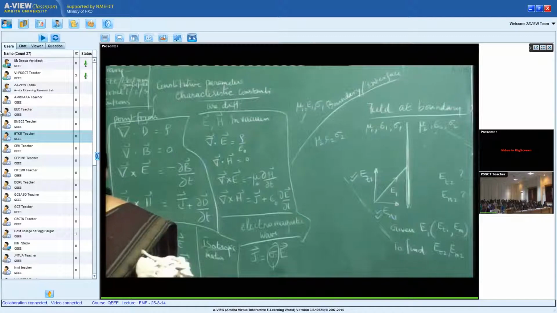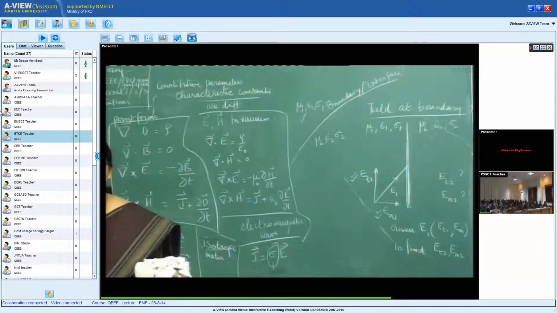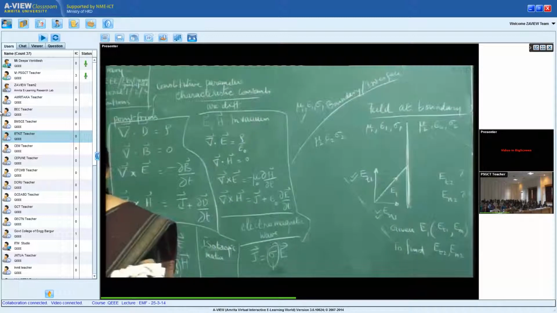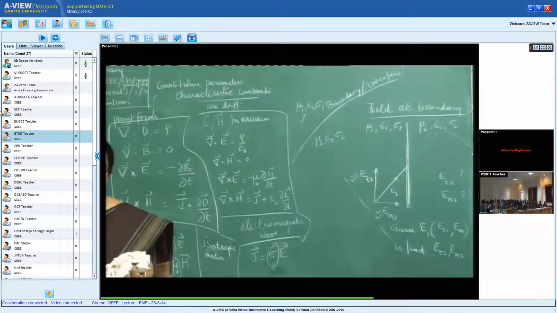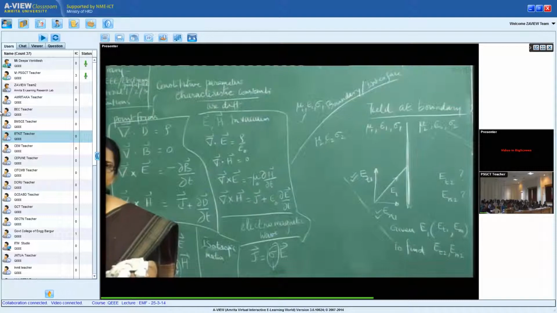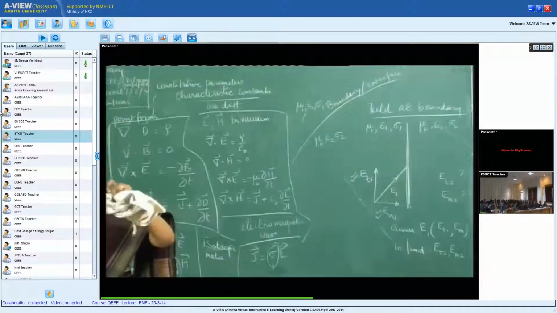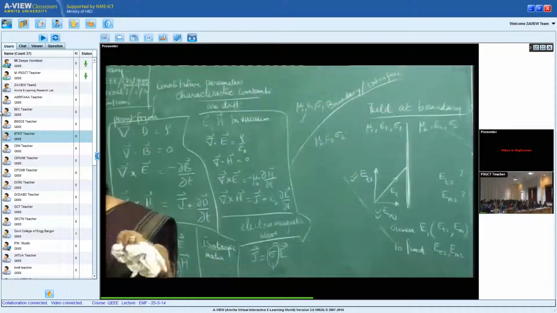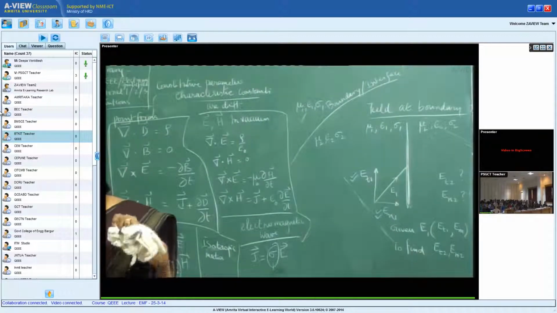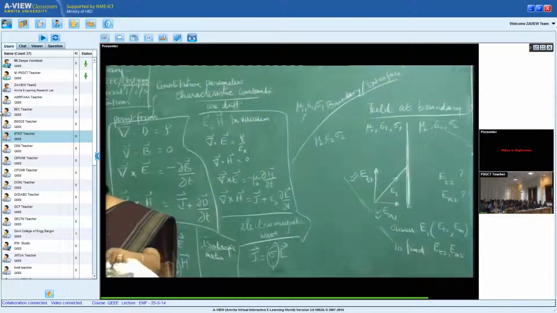Which one should I use? The answer is, whenever there is a boundary, you use the integral form. Whenever you are talking about propagation in the same medium, you use the point form.